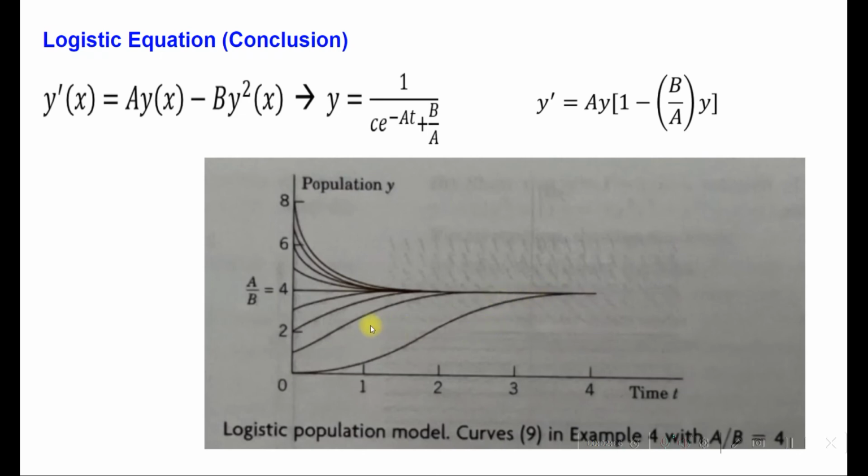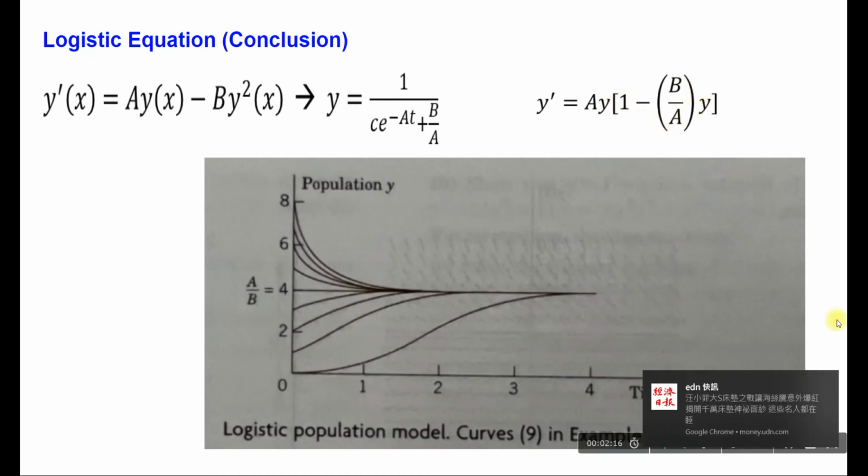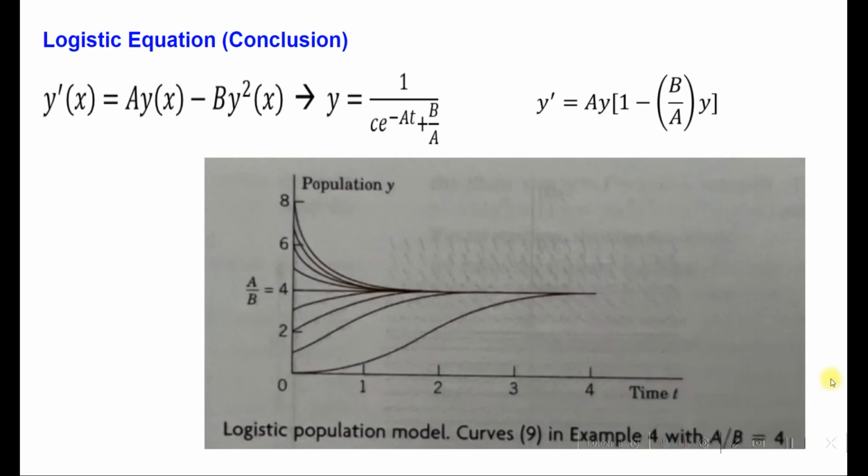And during the process, as the population y gets larger, this term will get smaller, and also the momentum of the growth trend will decrease until it reaches the limit.